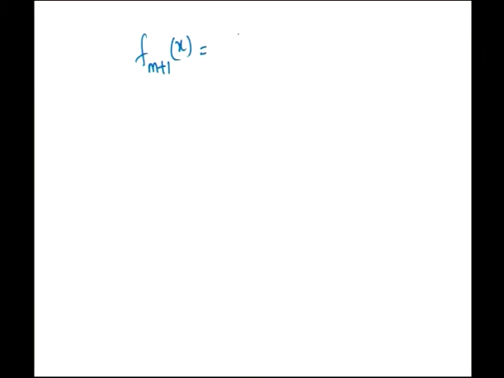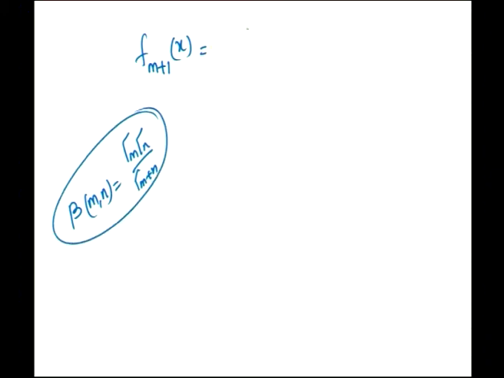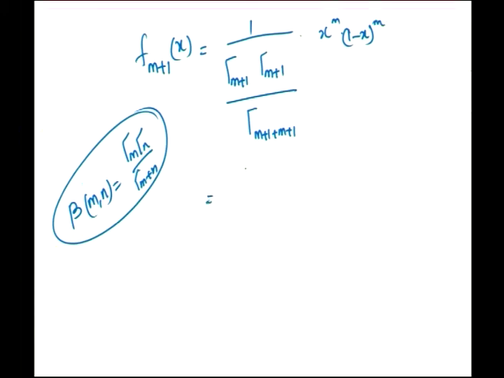We will use the formula of beta of (m, n), which is gamma m into gamma n by gamma (m plus n). So, using this formula, 1 by gamma(m plus 1) into gamma(m plus 1) divided by gamma(m plus 1 plus m plus 1) into x power m into (1 minus x) whole power m. So this is actually gamma(2m plus 2) divided by gamma(m plus 1) into gamma(m plus 1) into x power m (1 minus x) whole power m.